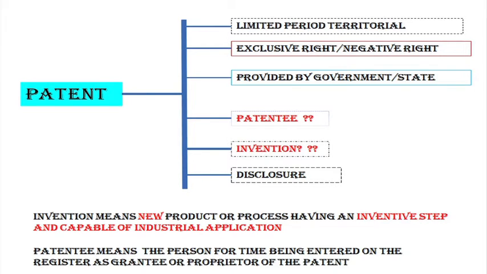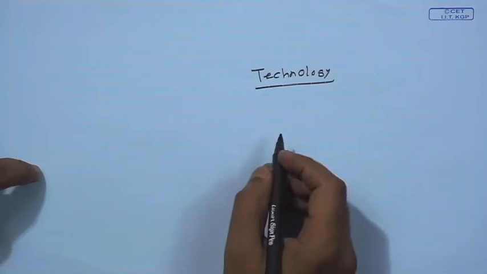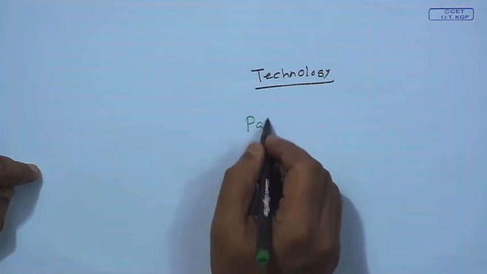So, what are the features we are getting in a patent?